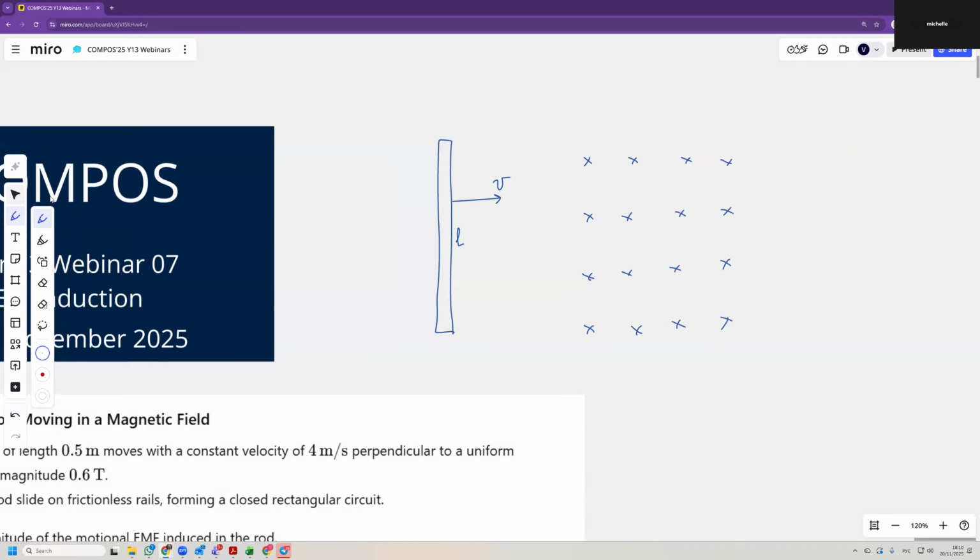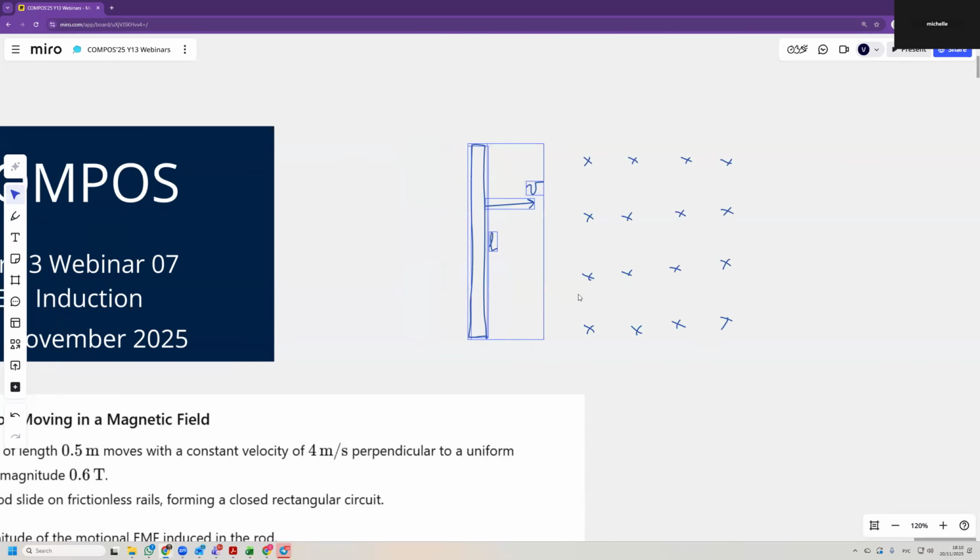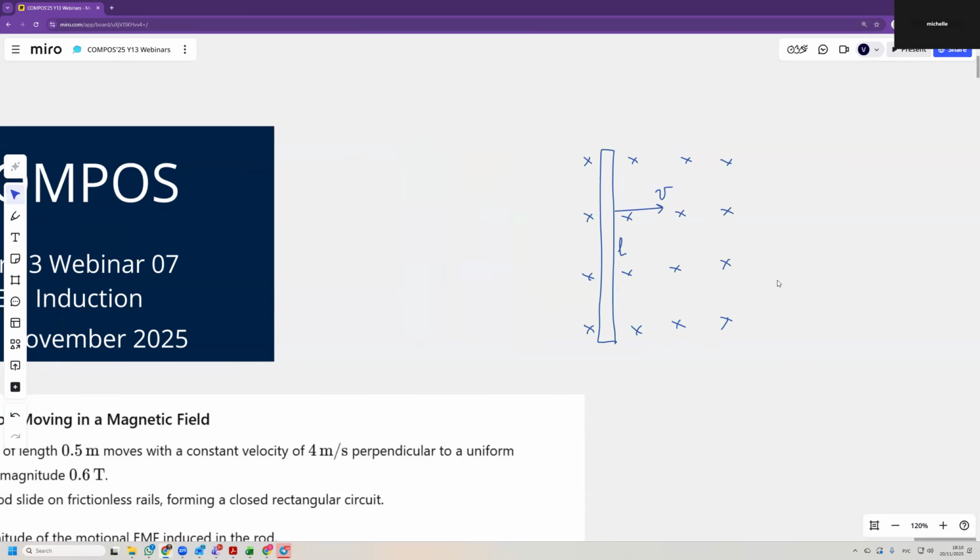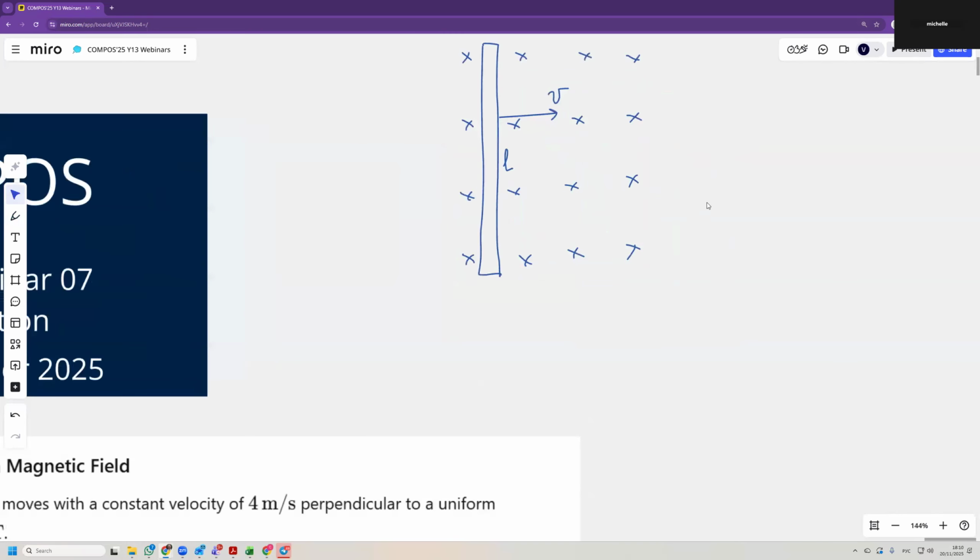Let's imagine we are looking at a single electron inside the rod.